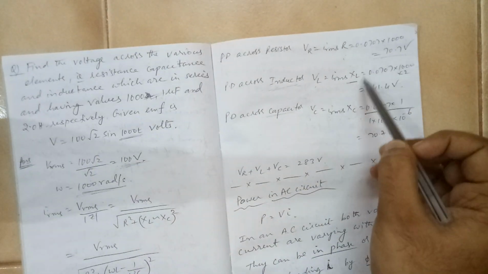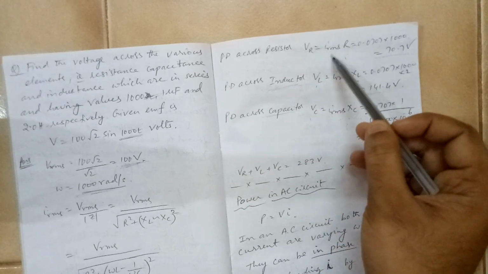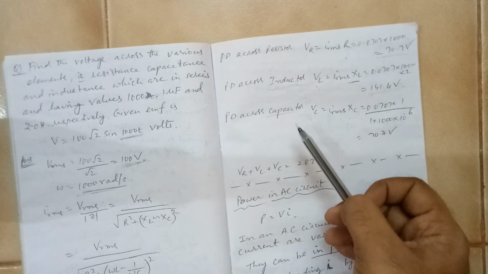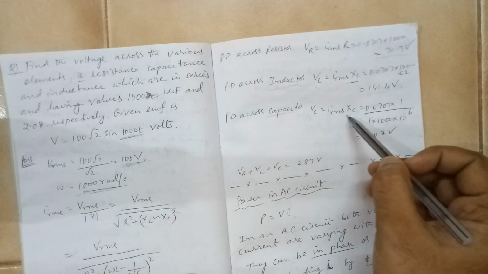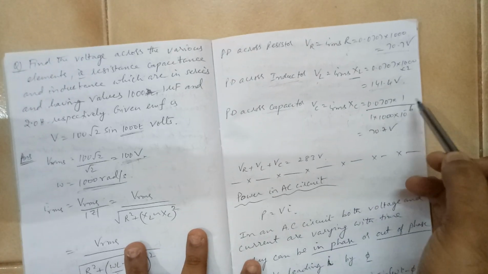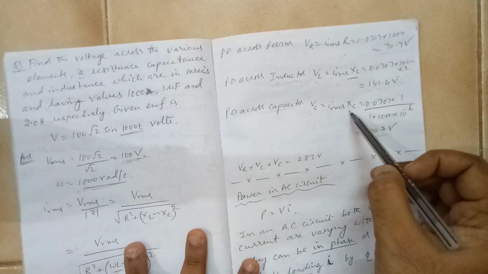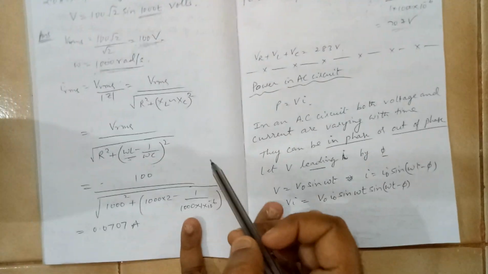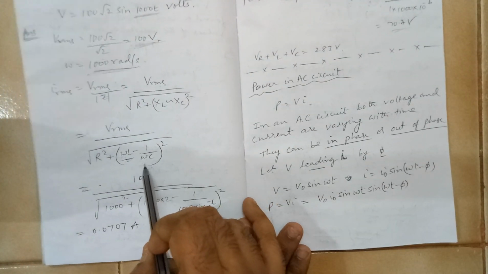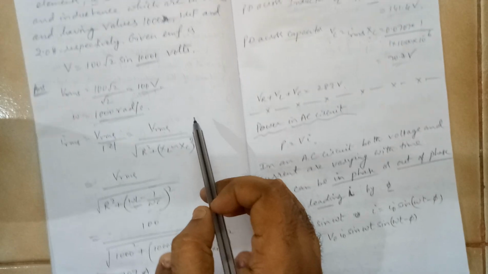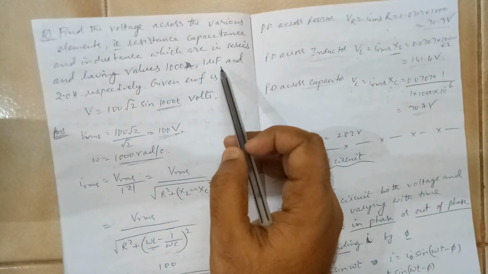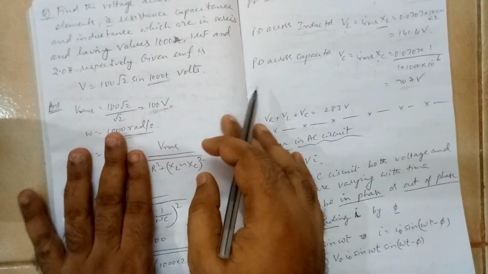So if you know the XC, XL, R values, you can get VR, VL, VC, because basically the current passing is the same. You put in this value, you get 70.7 volts. What is XC? XC value is 1 by omega C. Capacitance is given as 1 mu f, which is 1 into 10 power minus 6 farads. You get 70.7 volts.